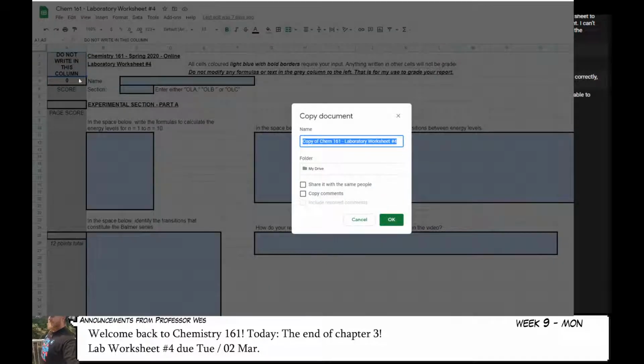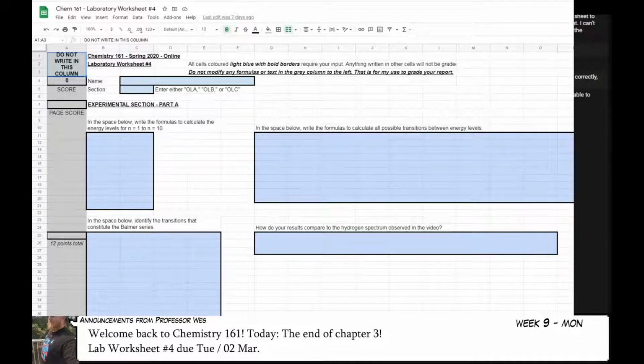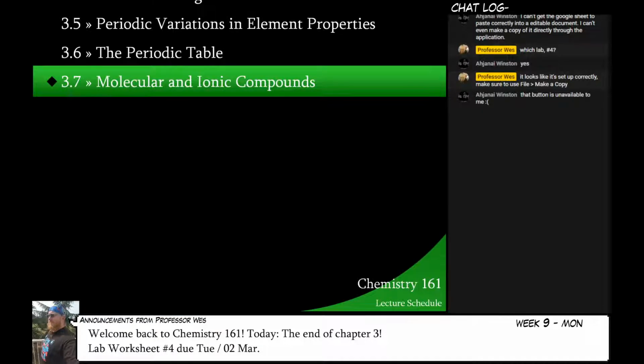And then just make a copy, and you copy it to your own drive. You do need to be logged into some sort of Google account. If you're not, check that, just to make sure that that's working. That's the only thing I can think that's wrong with it, because I haven't heard from anybody else to say it's not working, because then I'd know that I had to hit a button or something was wrong.